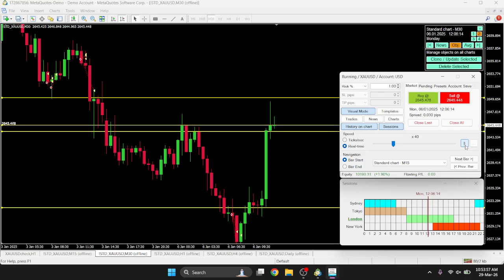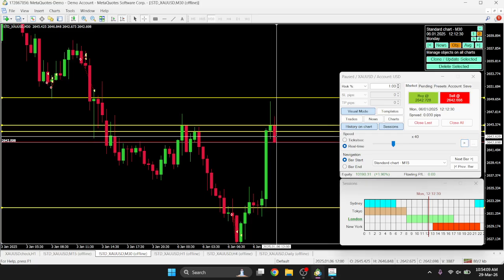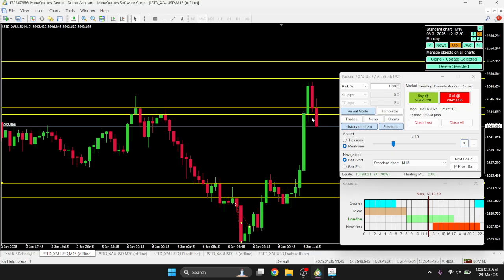Okay, it just broke the previous 30-minute candle low. In 15 minutes, it just broke this 30-minute candle low, and the 15-minute candle low also.